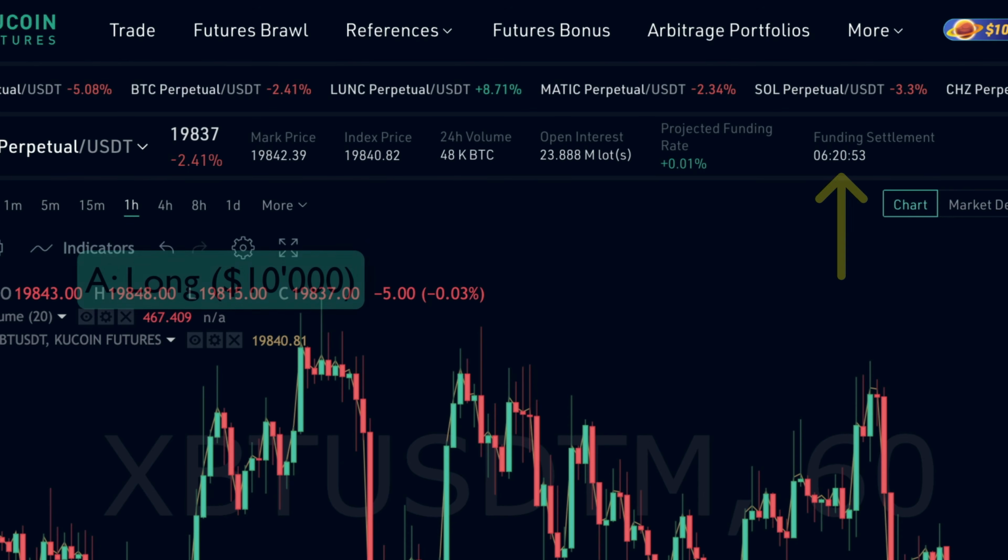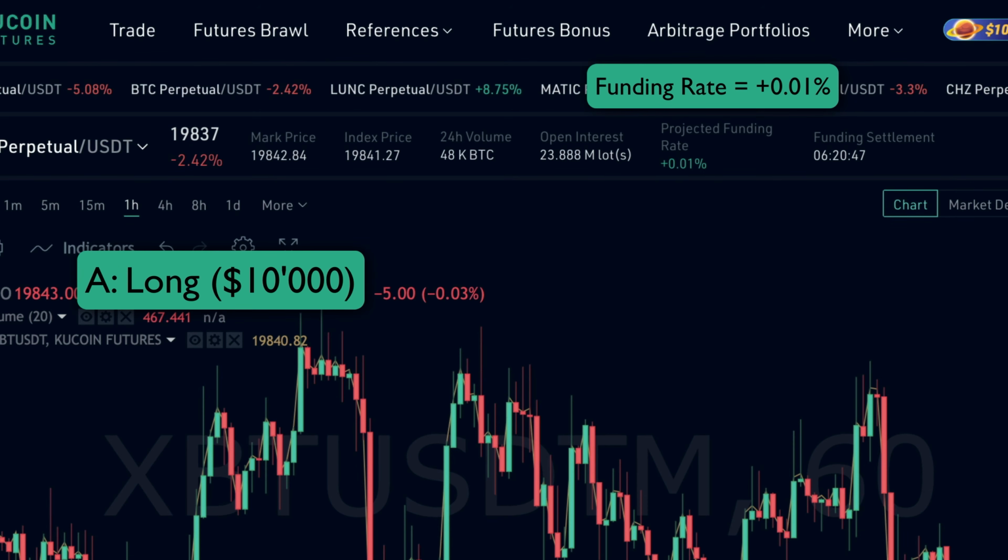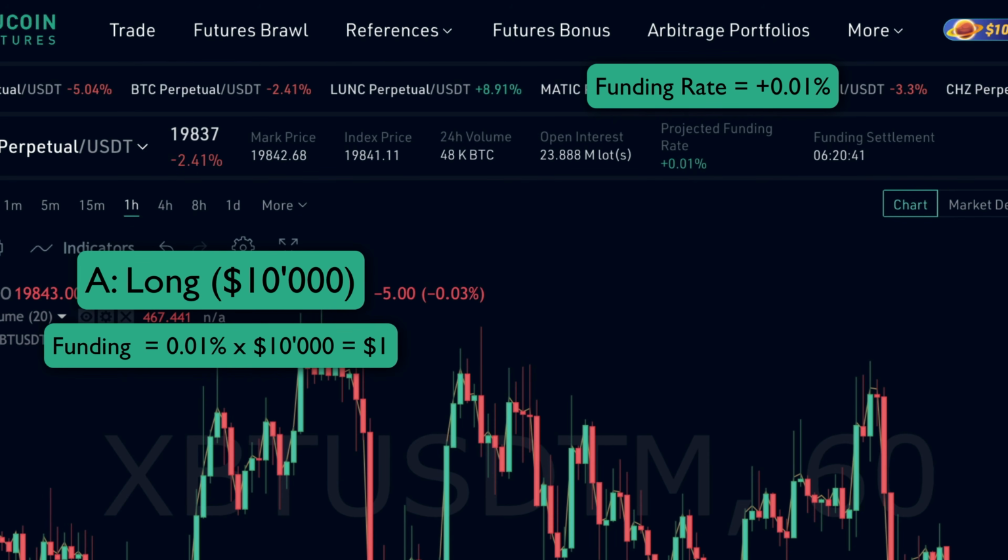So let's say trader A is currently in a long position worth 10,000 USDT and the funding rate is plus 0.01% when the countdown hits 0. In this case, the funding for trader A is 0.01% of 10,000 USDT, so 1 USDT.